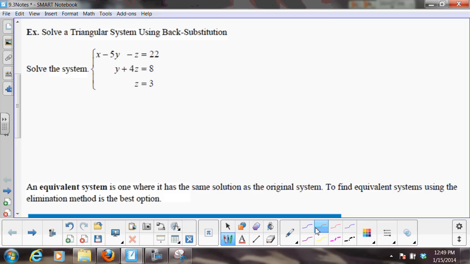I need a thin marker today because there's a lot of writing. So I'm going to take this and plug it back into that one. 4 times 3 is 12, subtracted from 8, and we get that y is -4. So now I'm going to take -4 and 3 and plug it back into the first one.